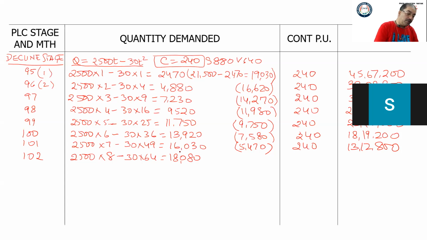Minus that from 21,500, so my quantity is 3,420. I'll continue to sell till it drops to 1,500. 3,420 into 240 is 8,20,800.